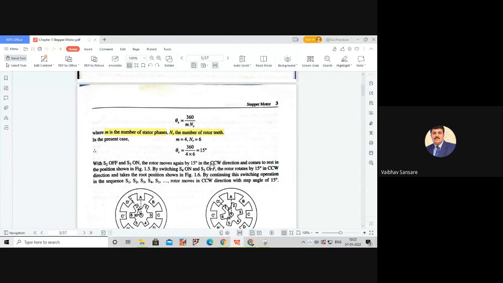That means for the motor operation which we discussed in the previous lecture, we achieve a 15-degree step movement. That is, initially the rotor is at 0 degrees, and we can obtain 15 degrees, then 30 degrees, 45 degrees, 60 degrees, and so on.